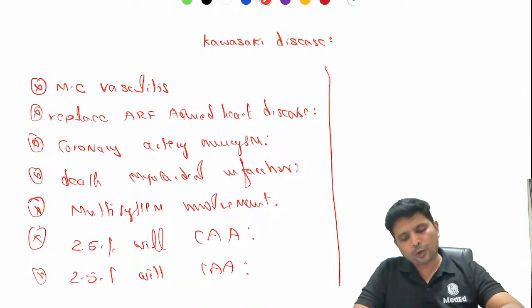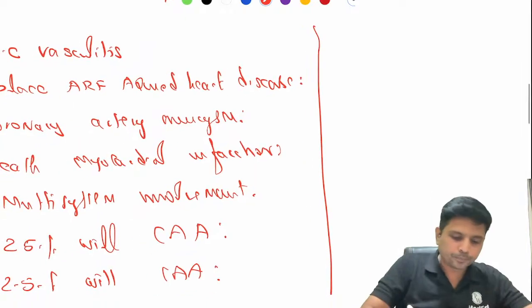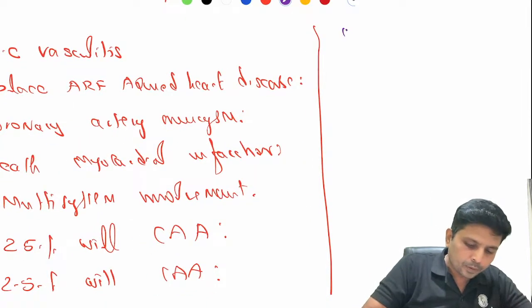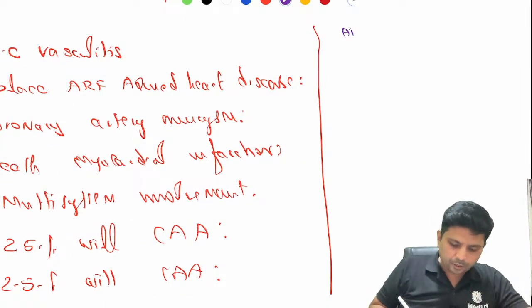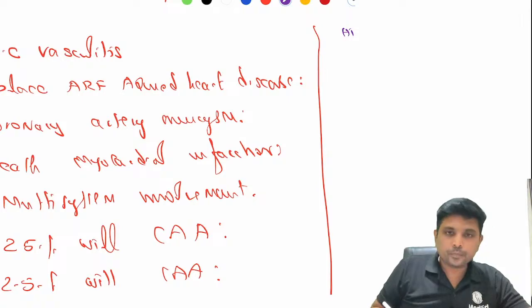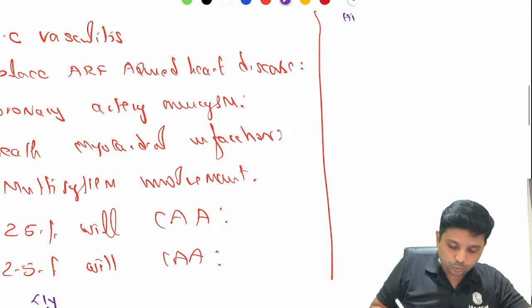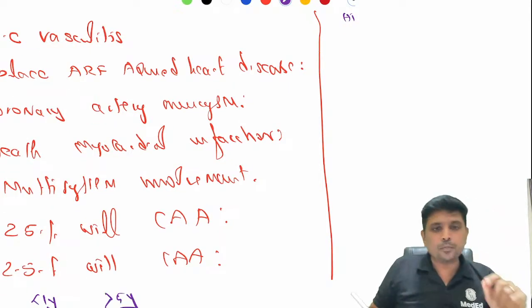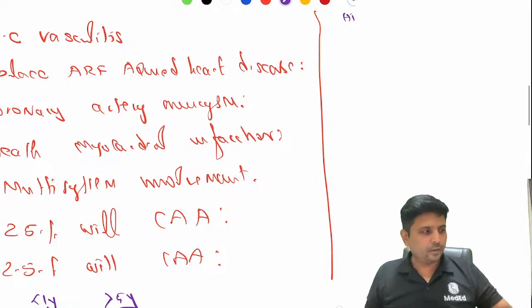So how will you diagnose? Remember, it is usually common in children less than 1 year. It can also occur up to 5 years, but most common in children less than 1 year.